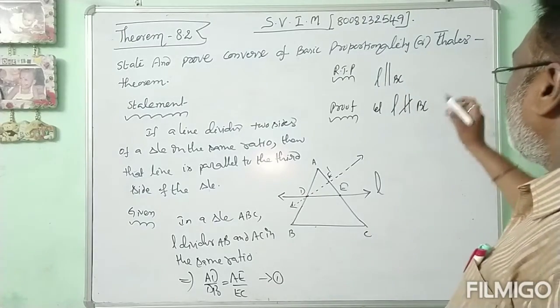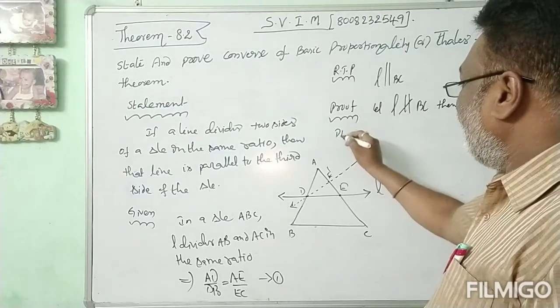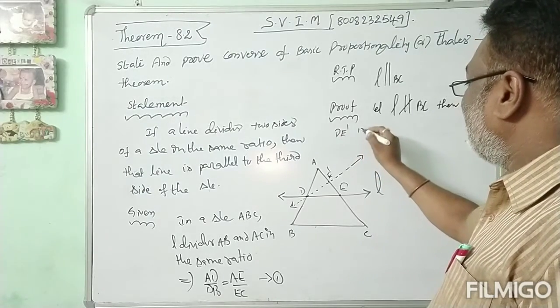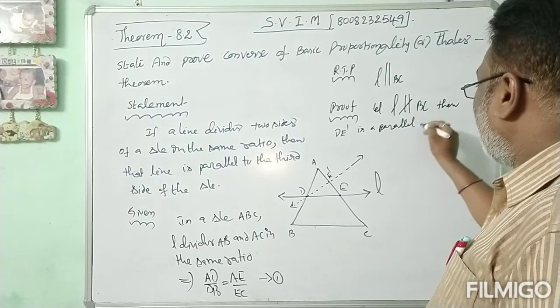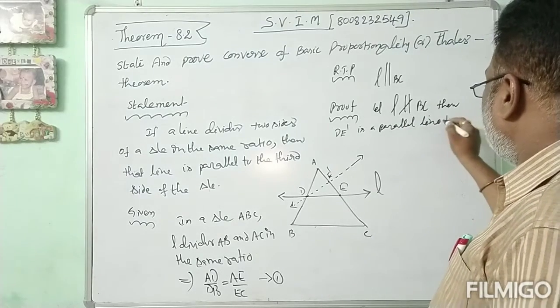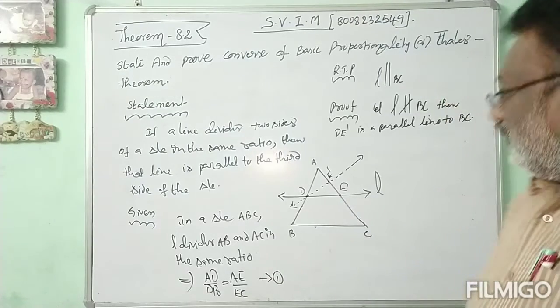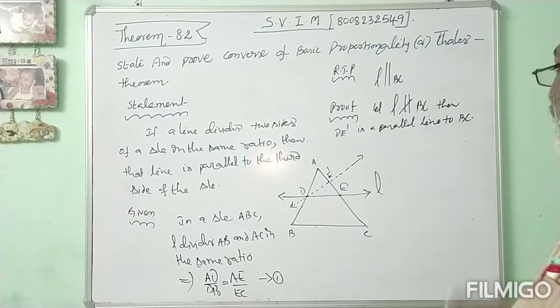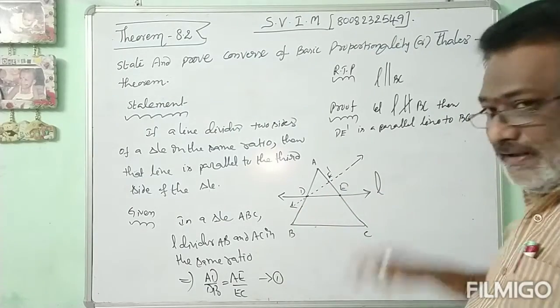So let L is not parallel to BC. Then DE dash is a parallel line to BC. Now DE dash is parallel to BC.